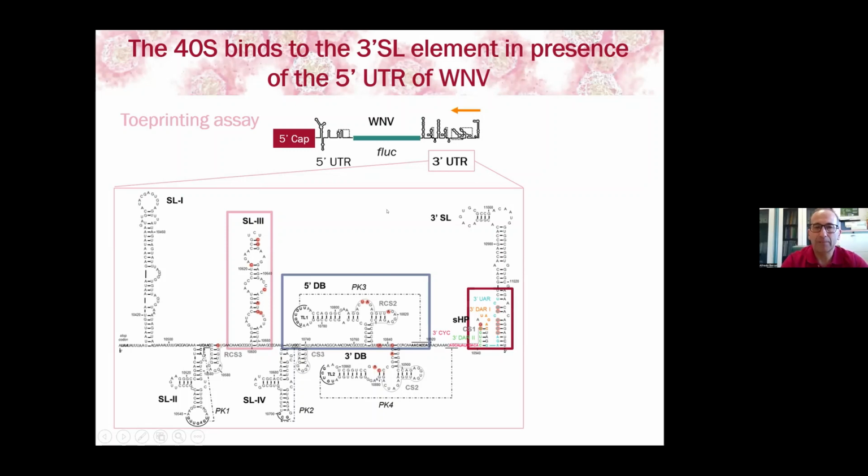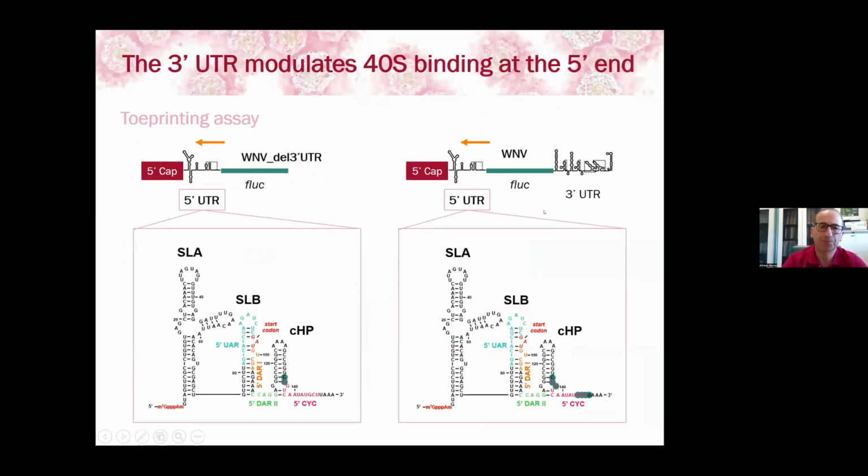So it seems like the presence of the 5' UTR modifies this structure, or somehow helps to reposition the ribosomes at the 5' end of the genome, so at the bottom of this structural unit. So there seems to be also a communication between the two ends of the genome in translation.